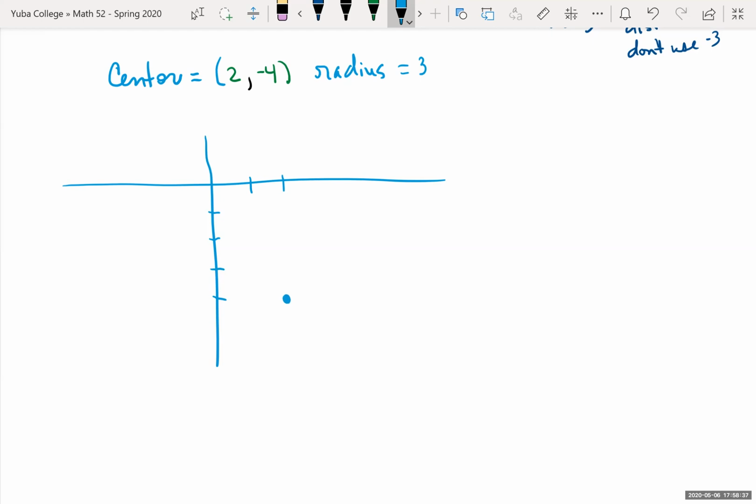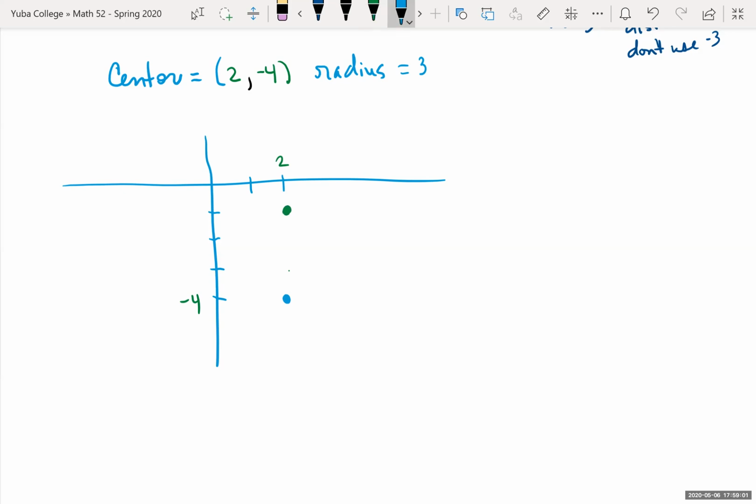Okay, so once you've gotten the center, then you want to go up, down, left, and right your radius. So if I go up 3 from my center, right here, this is 1, 2, 3.